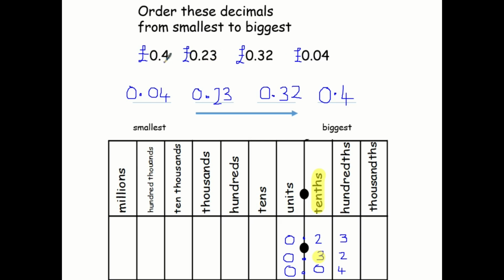Now what's this? Well, I can't just put a 0 in there, but I can put a 0 after it. Okay, and now it becomes 40 pence. And then you could have just arranged them in order of size, thinking about them as values of money.